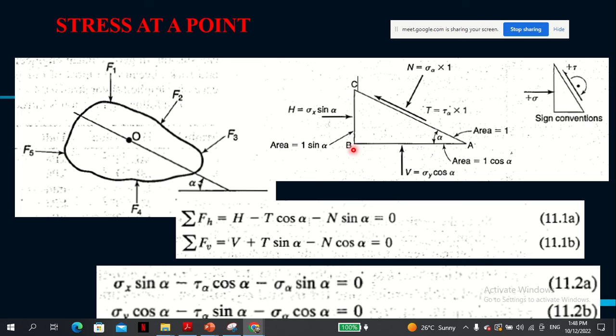So the forces in orientation have to be resolved in the vertical and horizontal directions. If you make a triangle of forces as shown, that's the first thing. So with the triangle of forces, this is the sign convention. The horizontal stresses in this direction are positive, and the vertical stresses going up, as shown. I hope you can see the arrow.